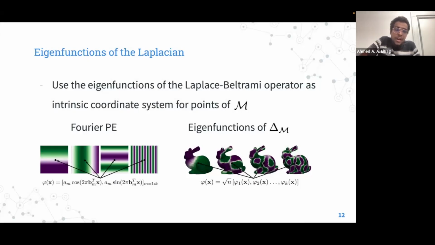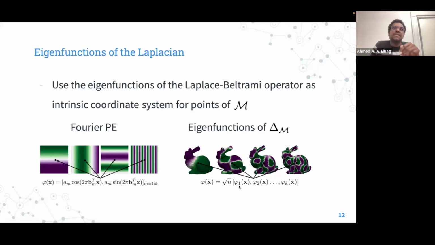Okay, so how we build this intrinsic local coordinate system is from the eigenvalue problem, the eigenvectors or eigenfunctions of the Laplacian. Here is some visualization of the eigenfunctions of the Stanford bunny. We know that the eigenvectors are equivalent to Fourier positional embeddings in the case of the 2D plane.